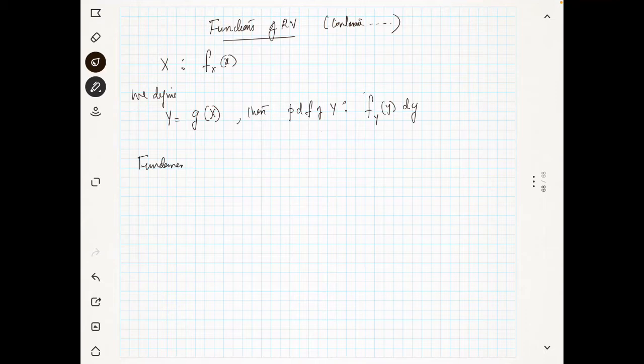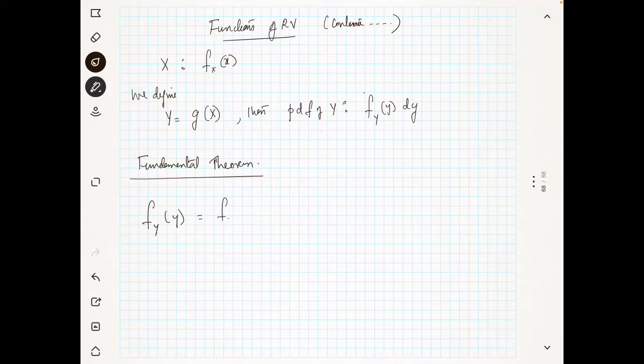The fundamental theorem says that if you know fx of x, then you can find fy of y using the following formula.